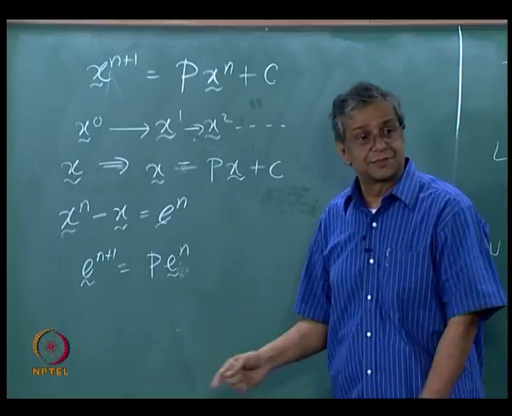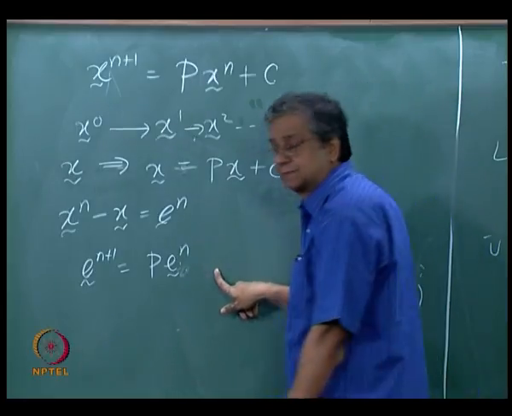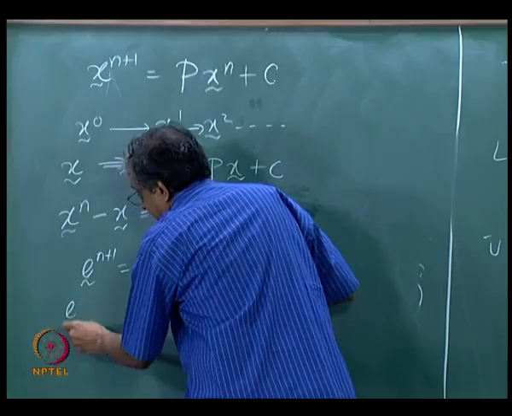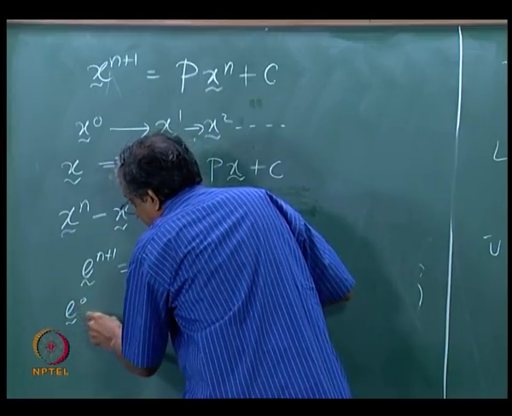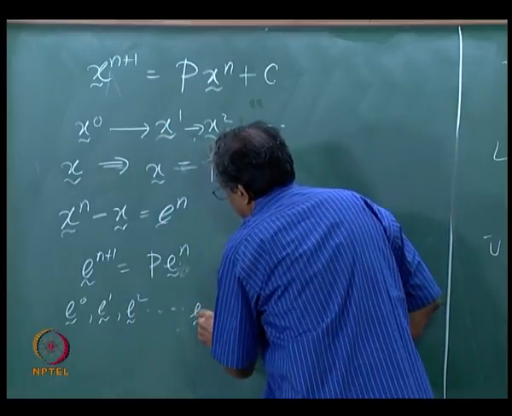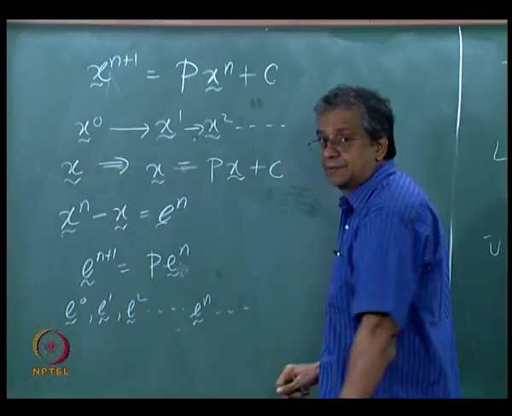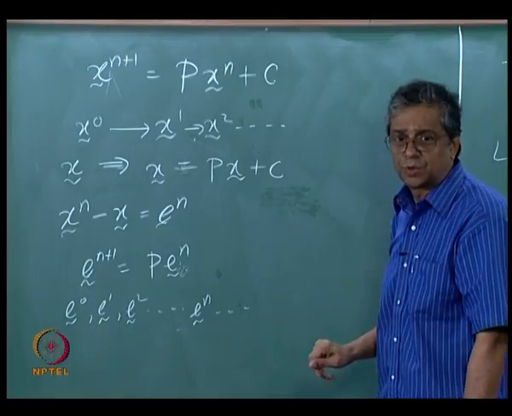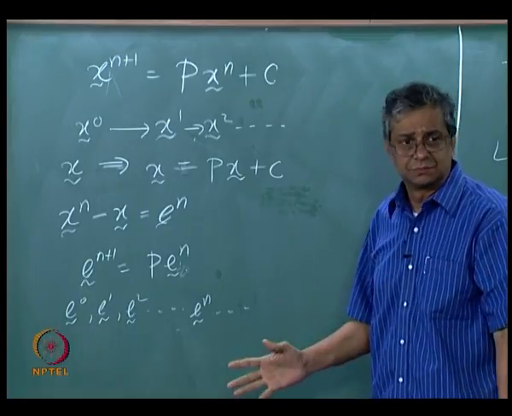And now I can ask the question, do the sequence of Ens go to 0? My iterations are basically generating E0, E1, E2, En, and the question is, does this sequence converge, and you want it to converge to 0.